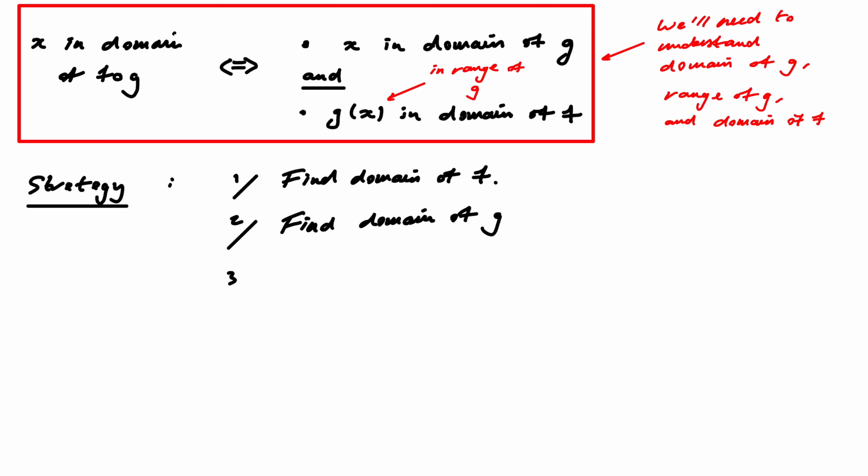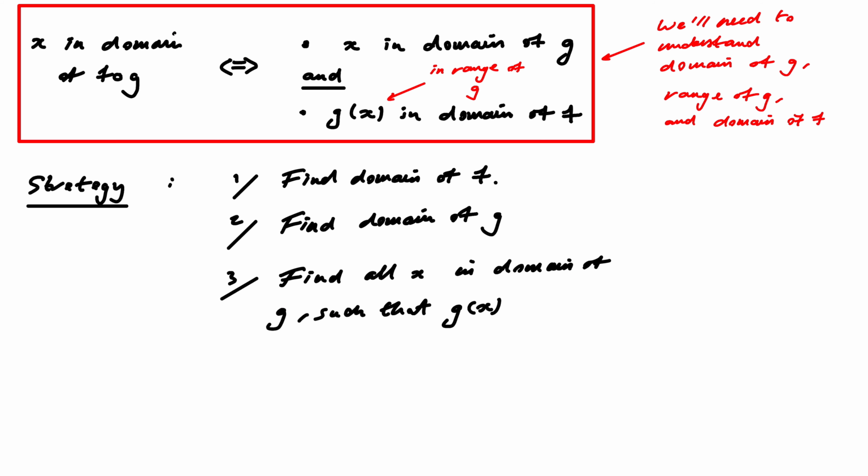And then the most tricky part of all: we're going to have to find all x in the domain of G such that g of x is in the domain of f. So without any doubt, this third part is the challenging part.